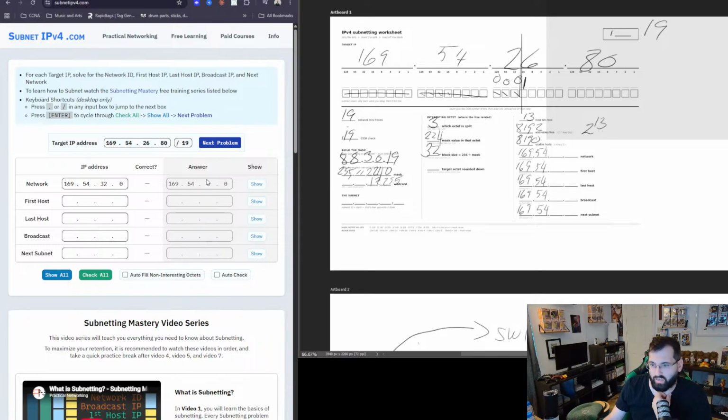Why did it tell me that the network was 0.0? See, I just have to figure out the network. If I can figure out the network, then I can figure out everything else. This thing has to do something with, like, you multiply something to try to get it as close as possible.